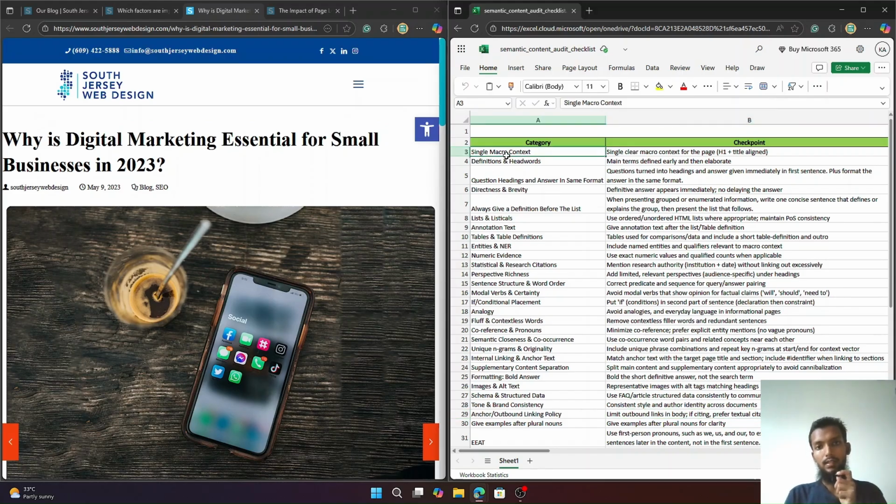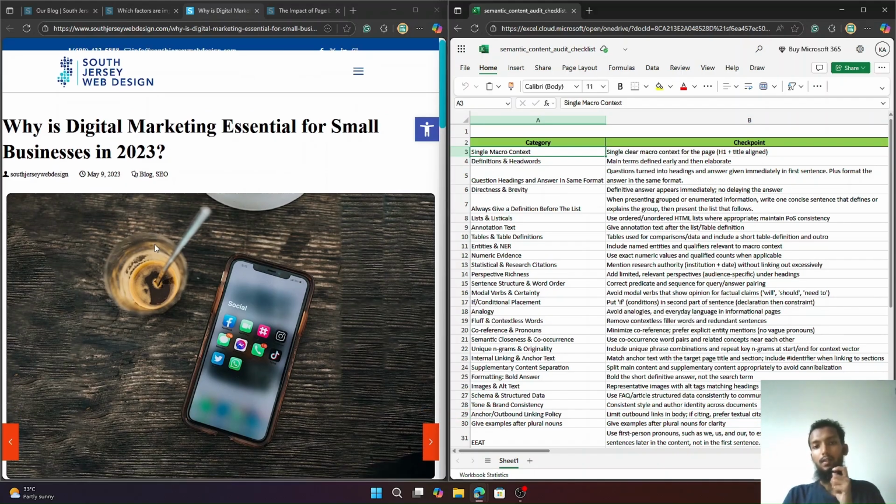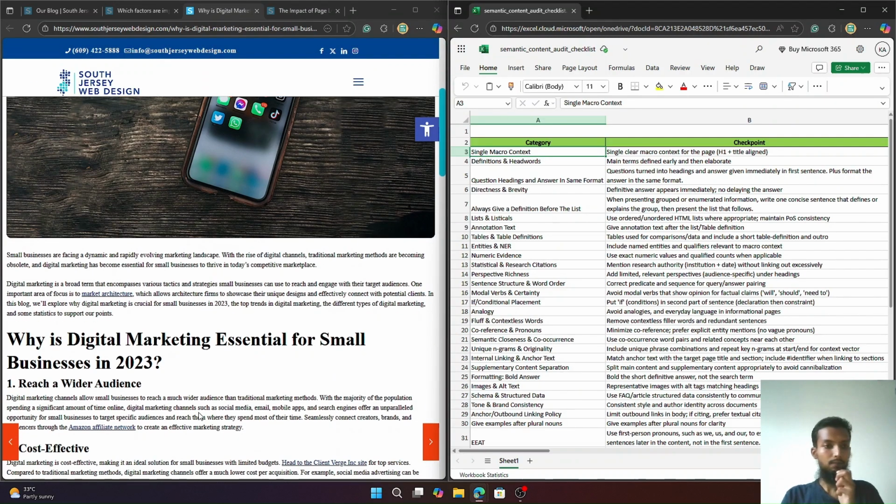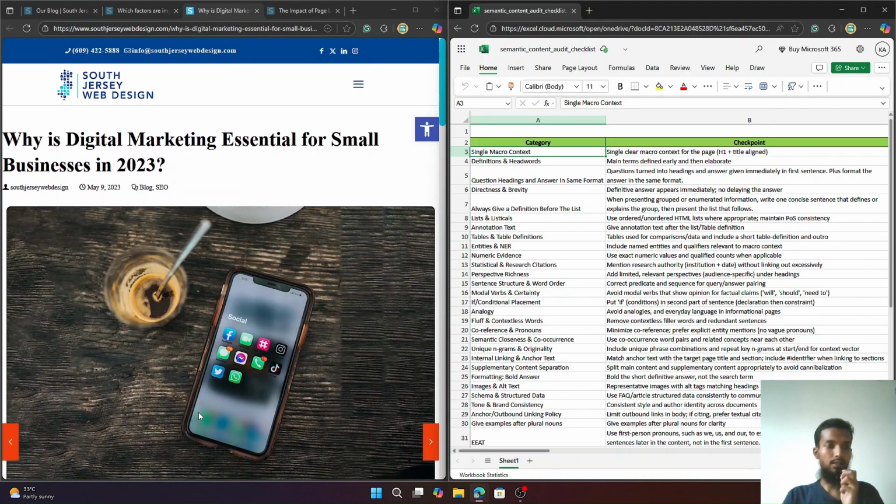So the first one is single macro context. Single macro context, as you know, is having a focused topic in the article that runs all over your article. From top to bottom you will be focused on that single topic. If I look into this article, it is "Why is digital marketing essential for small businesses in 2023."